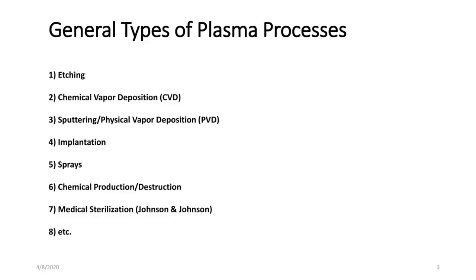There are certain general types of plasma commonly used in the present industry. One is for lithography, which is etching. Then you have standard chemical vapor deposition methods. Then you have sputtering, physical vapor deposition methods, and implants. When I say implants, you use plasma for treatment of implants and for additive manufacturing of implants.